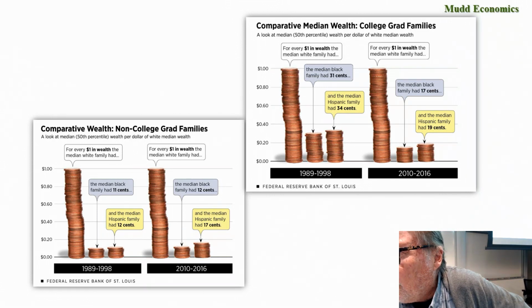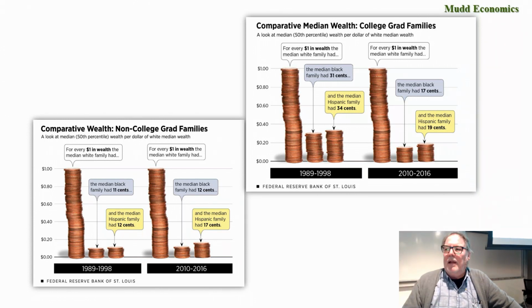For every $1 in wealth the median white family had, the median black family had 11 cents, and the median Hispanic family had 12. And that was back in the old days, 1989, 1998 or so. Then now in the modern era, it hasn't changed all that much.